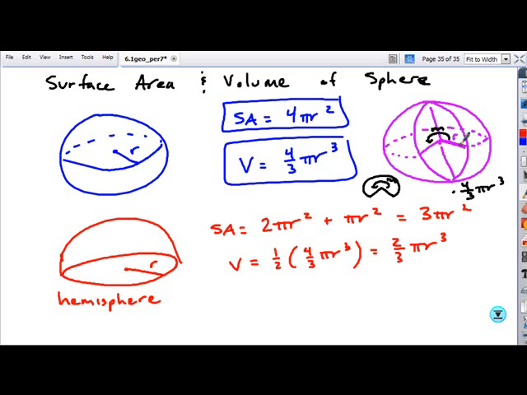A portion of a circle, m over 360. So it should be what you would expect. Now notice you can reduce this down if you wanted to. 360 and 4 can cancel, but I just leave it exactly as it is. So the total volume for this sphere with the slice removed is m over 360 times 4/3 pi r cubed. It's just a variation of the volume here.